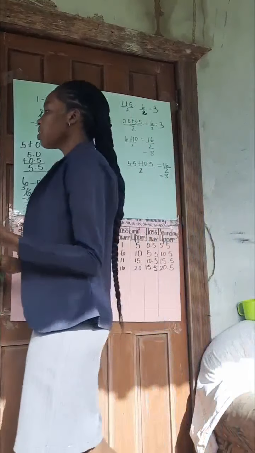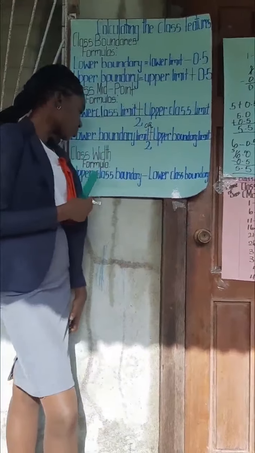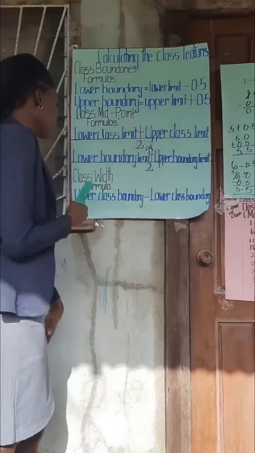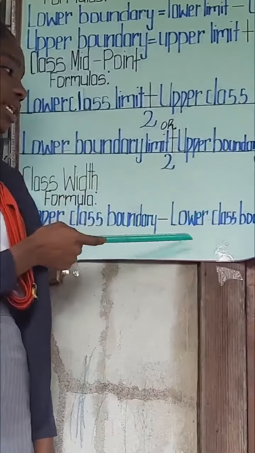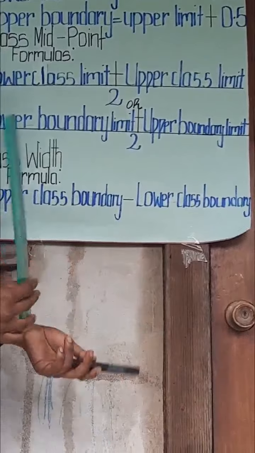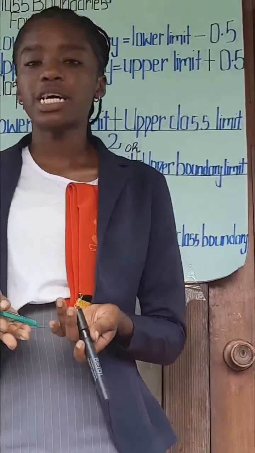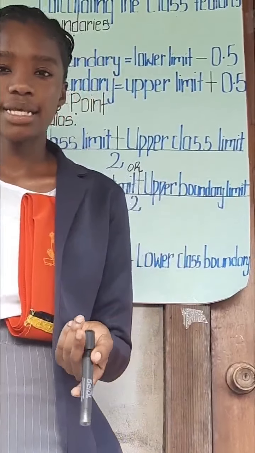Let's go to our class width. And the formula to calculate the class width is the upper class boundary minus the lower class boundary. Please note that you don't have to calculate the class width for all of the classes.